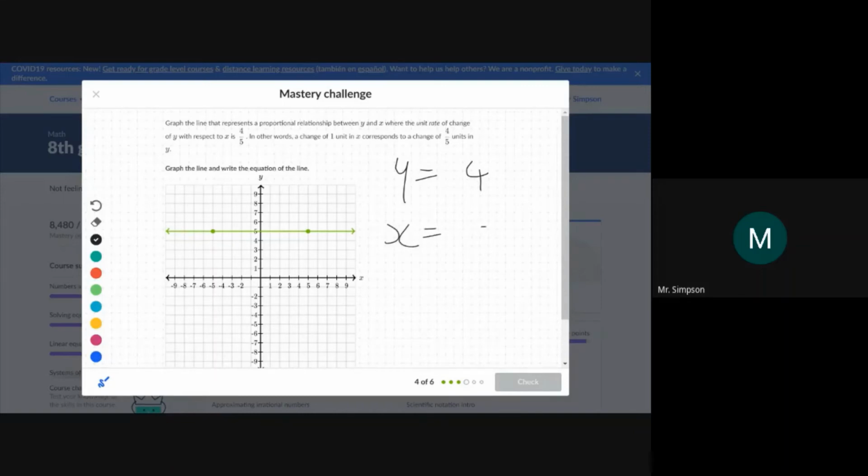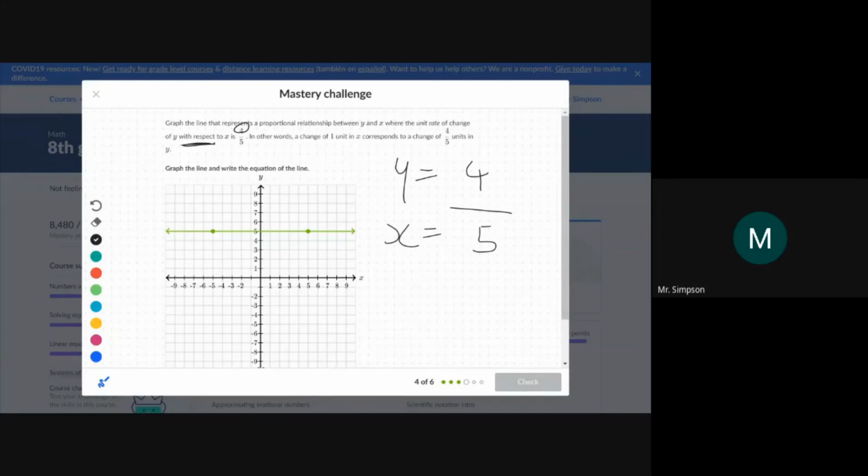When they say y with respect to x, if they mention y first, the y is on top and the x is on the bottom. In other words, a change of 1 unit in x corresponds to a change of 4/5 units in y. It says graph the line and write the equation of the line. So now we're looking at slope and slope-intercept formula.